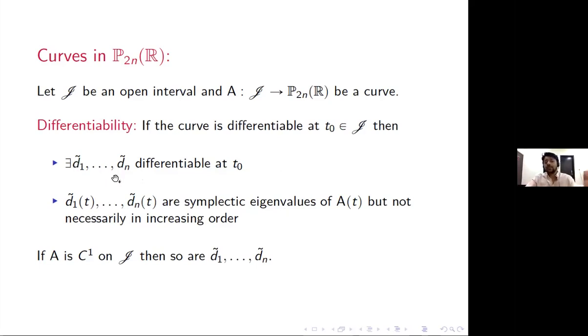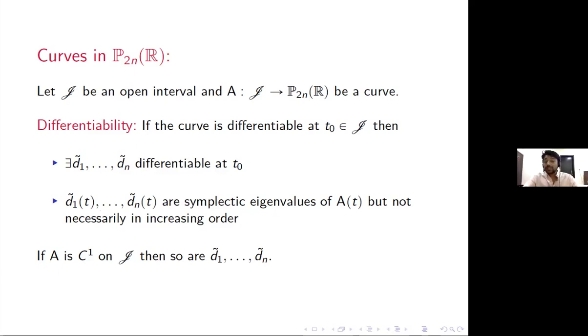And when these maps are evaluated at t, these n numbers are the symplectic eigenvalues of A(t) for all t. We use the notation d1 tilde up to dn tilde to indicate the fact that these numbers may not be in increasing order. So if we ignore the ordering, we do get symplectic eigenvalue maps in this sense. Furthermore, if the curve is continuously differentiable on the interval, then these n maps can be chosen in such a way that they are also continuously differentiable on the entire interval.